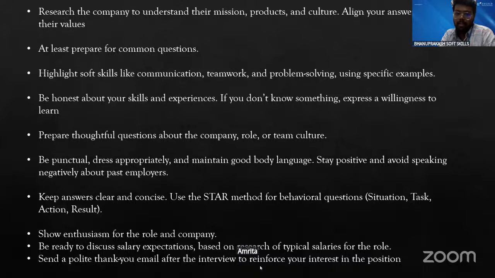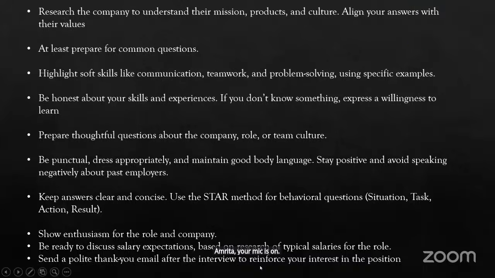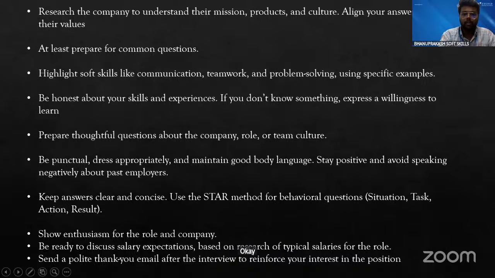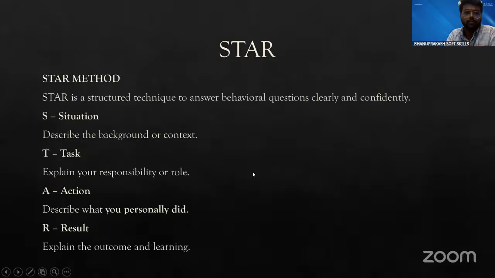Amrita, your mic is on. Okay. So this is all about a few points that you need to keep in mind. Okay. So can you display the slide of the STAR method again? Okay. Just a second. Okay, this is the slide of the STAR method.